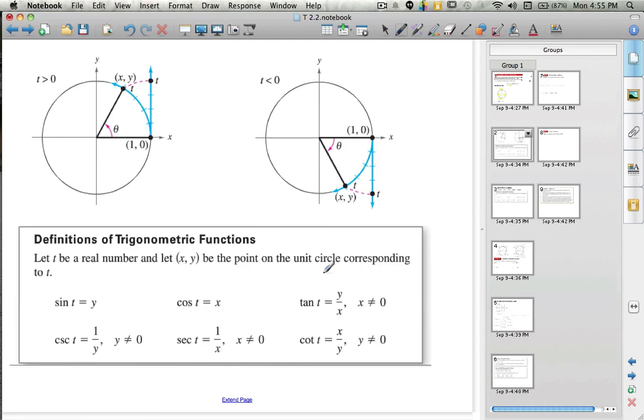Okay, when we start talking about working with the unit circle, when we have an angle in standard position, like this angle theta here, its initial side is here on the x-axis and it terminates at this point t.